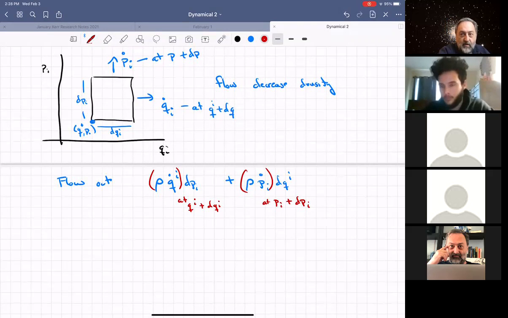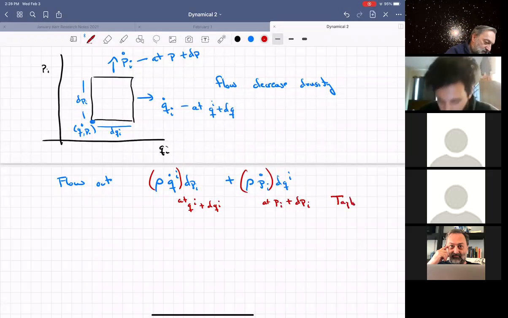And I'm going to Taylor series expand the outflow so that I write the outflow as the flow at qi pi plus some derivative times some distance away. So I should do a Taylor series expansion here.